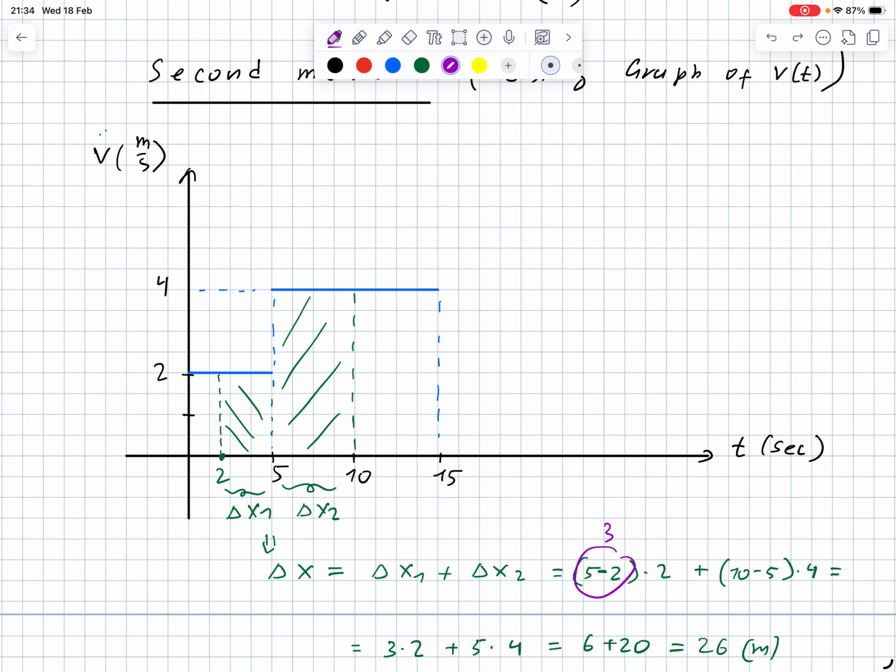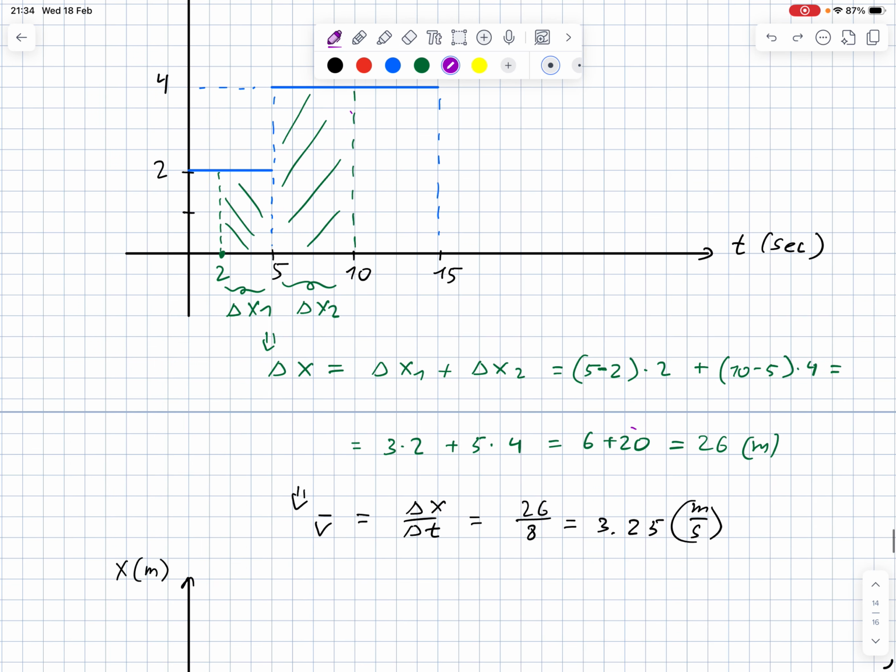Plus the second area is this one. Base is 10 minus 5, which gives us 5, and the height is 4. 4 times 5 will give us 20 meters. And finally, the delta x is given by 26 meters.